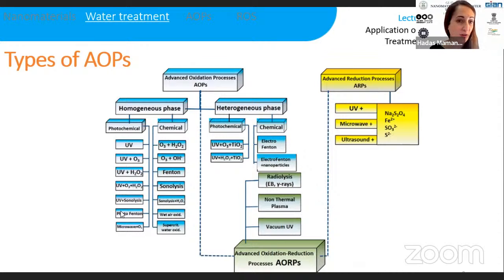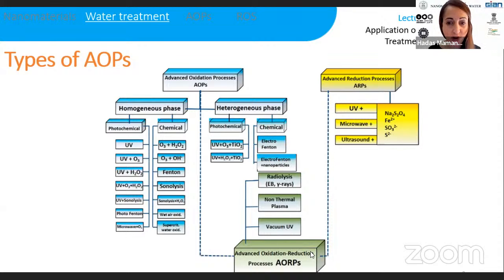All of these are photochemical-based processes. Then we have the heterogeneous processes, which include the photochemical and the chemical. The photochemical are those combined with nanotechnologies, for example with titanium dioxide or different types of nanoparticles. And the chemicals are these.